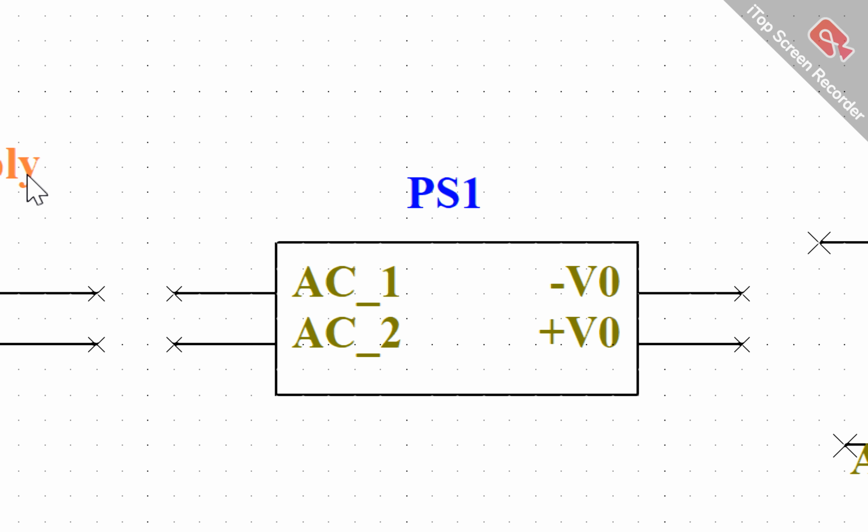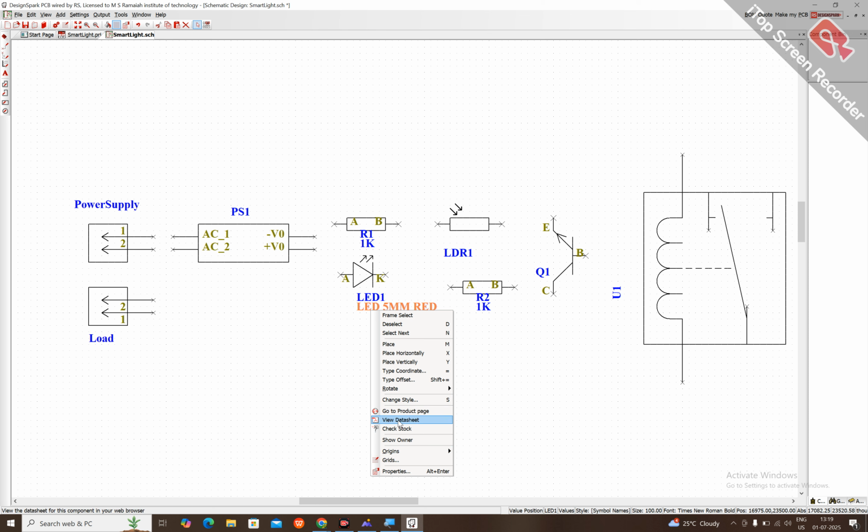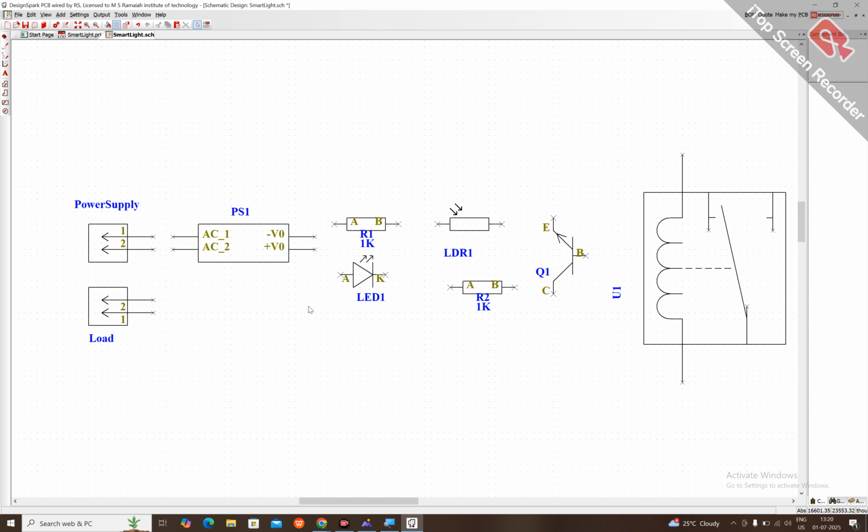Now you can observe, so we have this one with good fonts, and this is an additional one. You just select and delete. Press the select and delete option. Select and delete. Okay, now we have to do the connection.